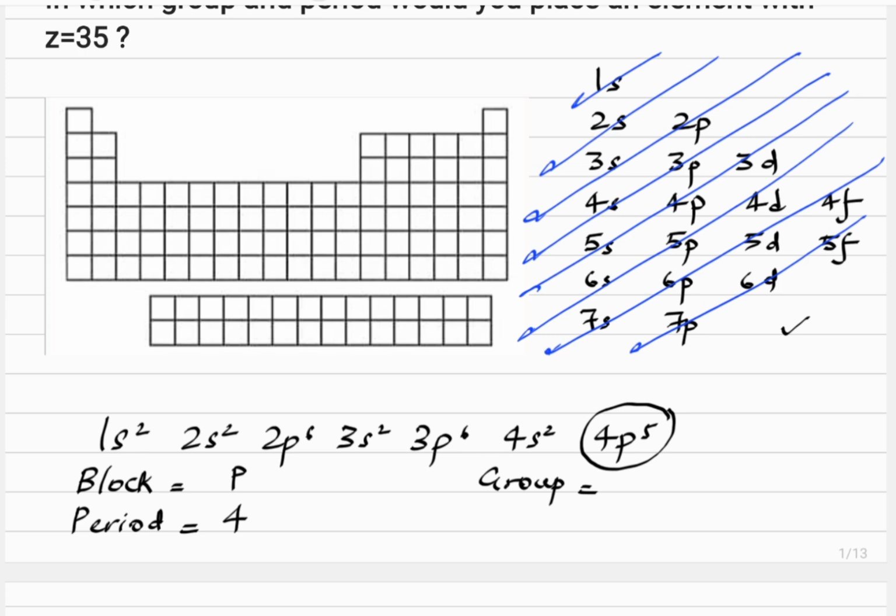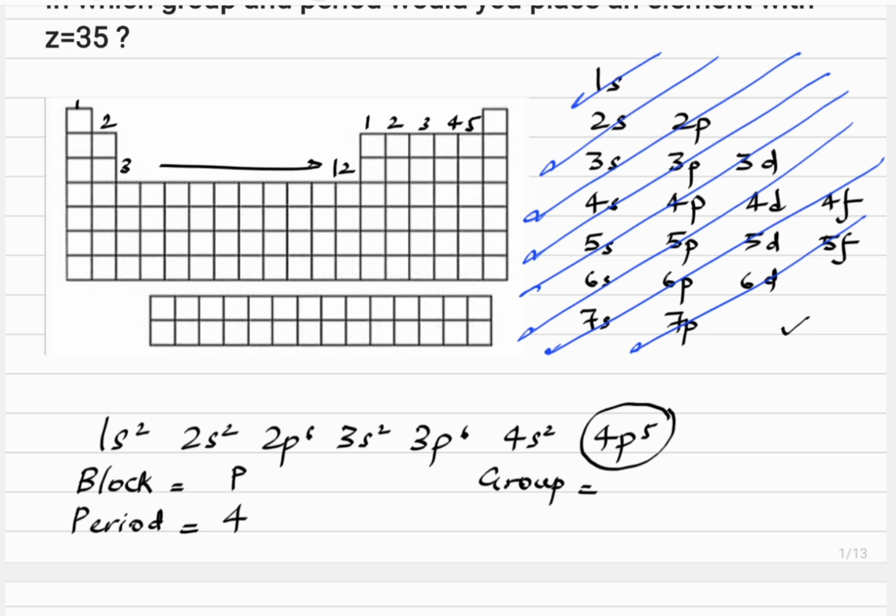Group number. Now we can see that 5 electrons in the p block got filled: 1, 2, 3, 4, 5. So this element belongs to the 5th group of the p block. But before the p block, there are already 12 groups.